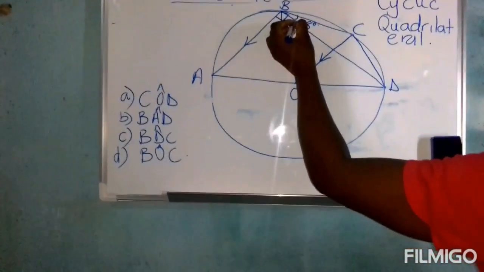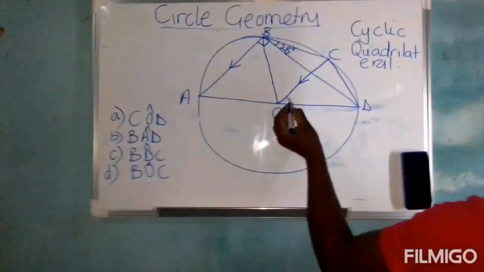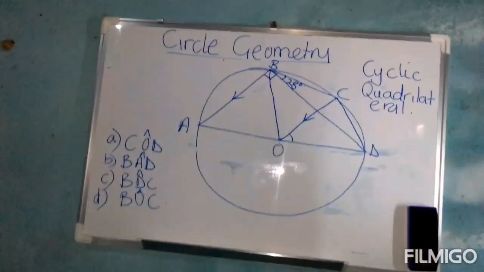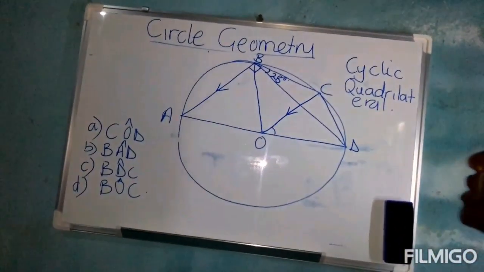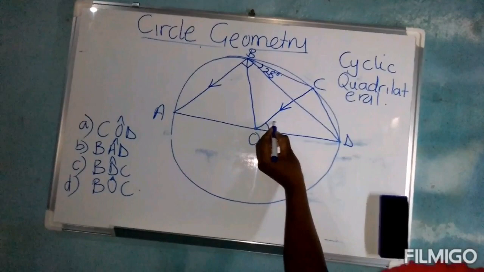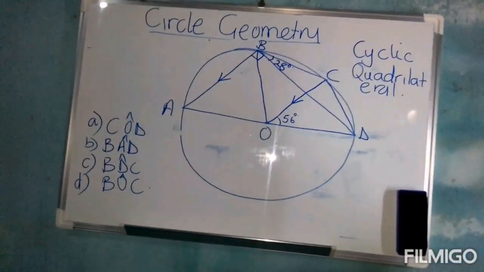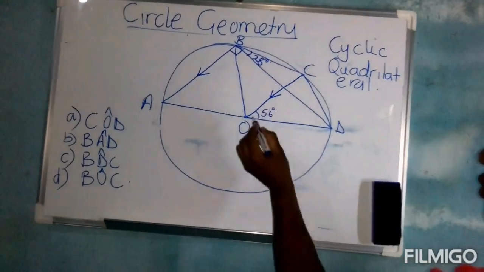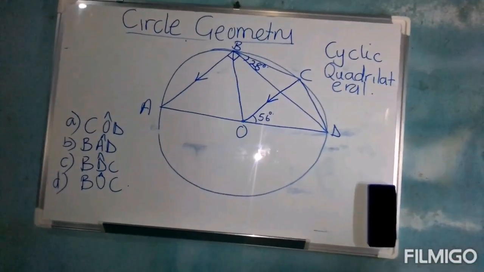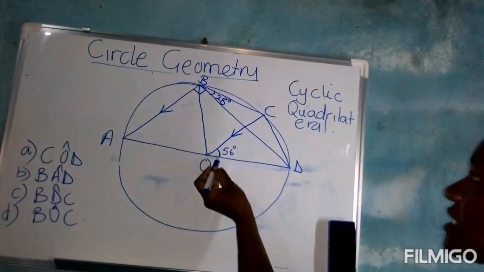So this is 28. So obviously this will become 28 multiplied by 2 to get 56 degrees.